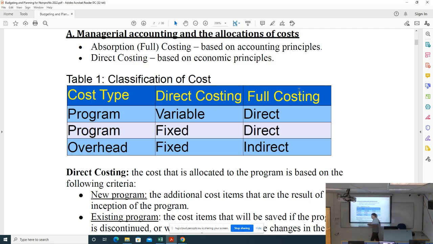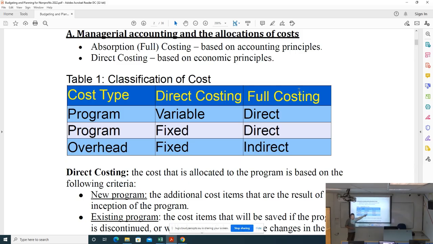Okay? Expenses that are allocated to a specific program, and they will disappear if the program is closed. So that's layer number one. That part we don't have to load because it's directly attributed to the program. Now we have two components of the fixed cost.